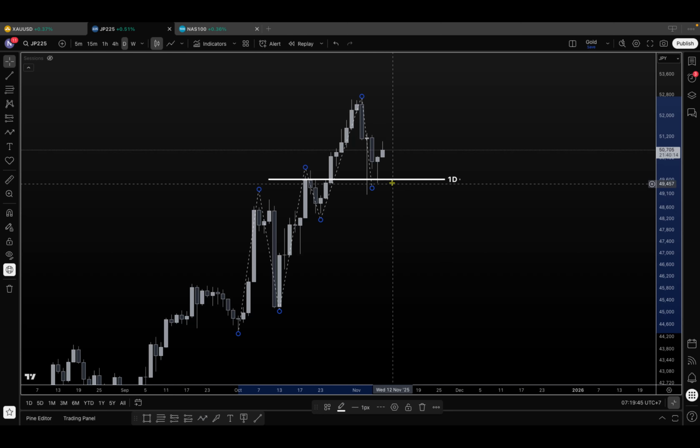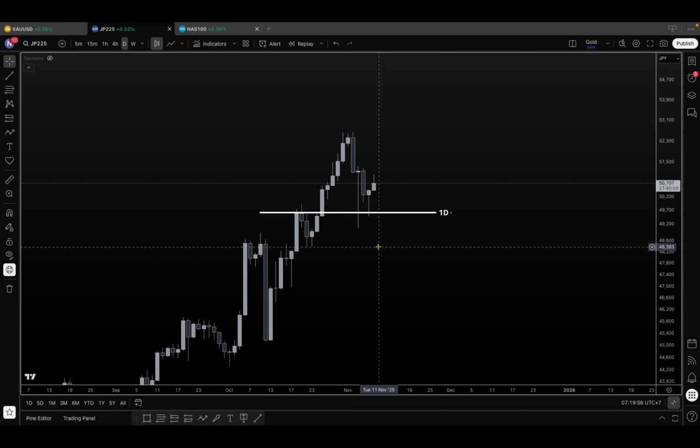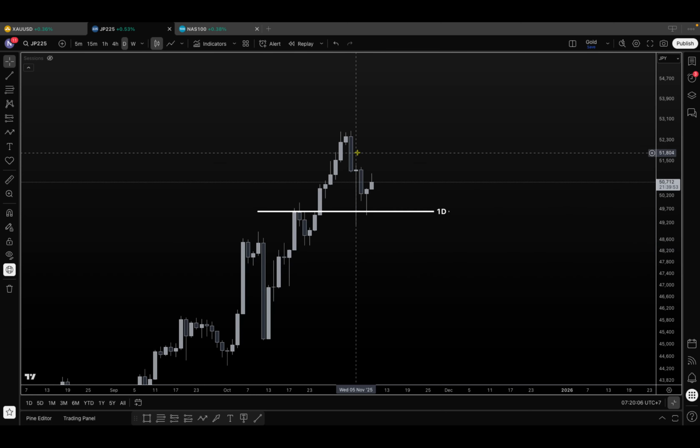So I'm assuming right here is the level that the price can bounce from to continue its trend. So right here is my area of interest.